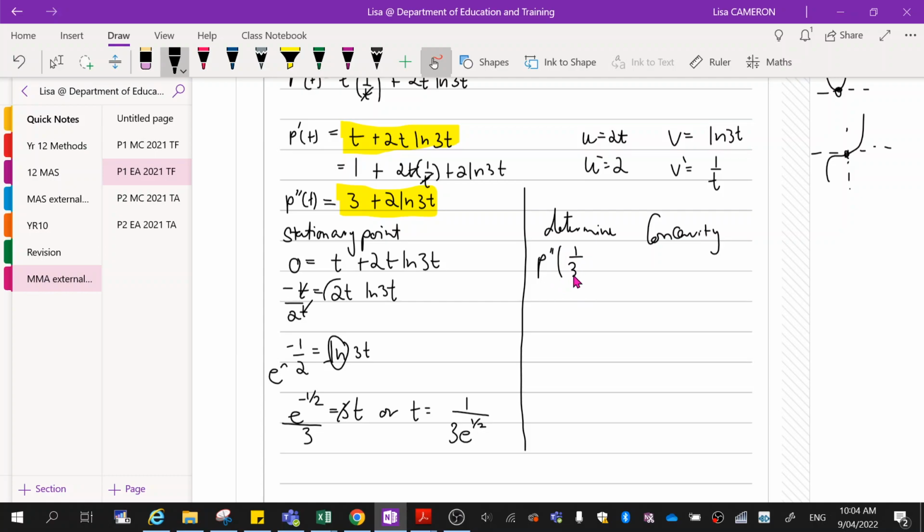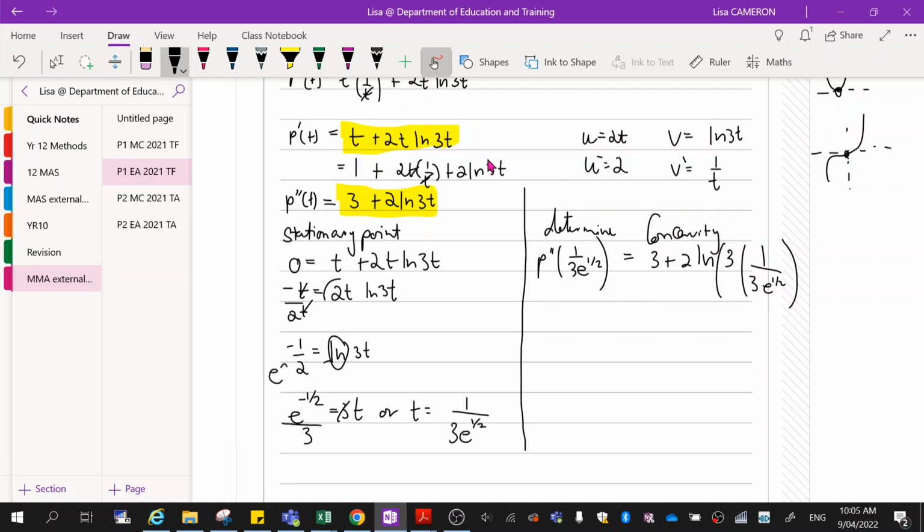So 1 over 3e to the power of a half is equal to 3 plus 2 ln 3 times 3 plus 2. Wait, what am I even doing? Let me rub that out. In there is where I'm putting this answer, not whatever I had decided to do. 3e to the power of a half.